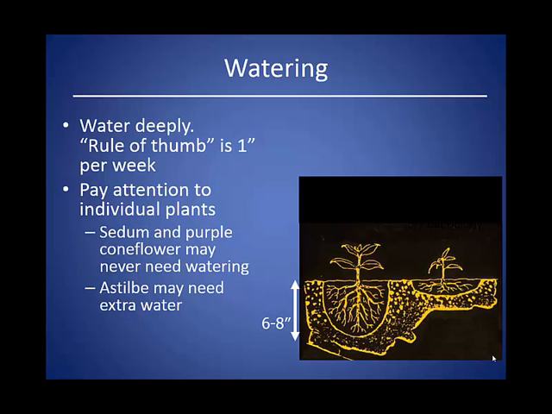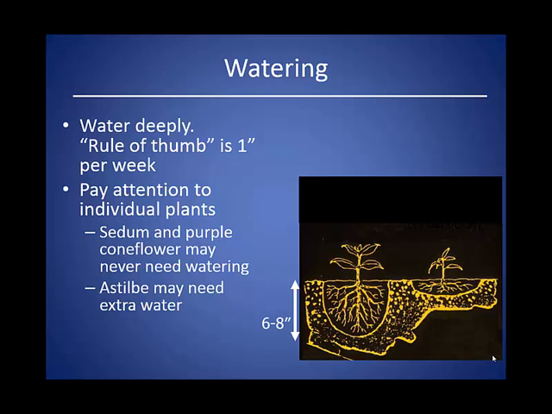If you water deeply but less frequently, you're going to get a well-developed root system like this. If you're frequently watering, but you don't really give them that much water, you're going to get a shallow root system, which if the plant comes under any stress, this guy is going down before this one is.